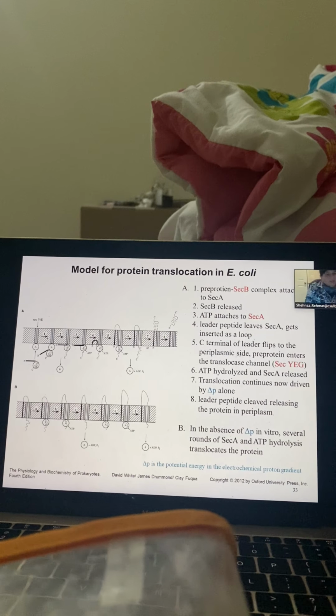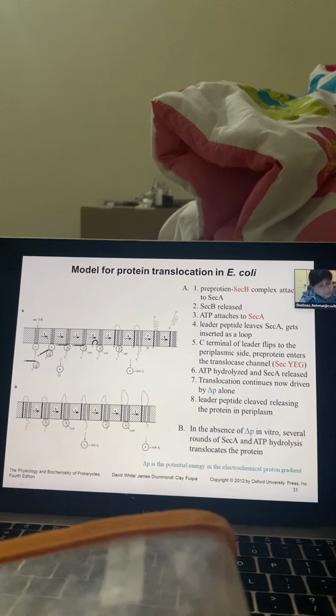So here are some models of protein translocation, again shown in E. coli using the SecA and SecB idea. It's a simple kind of a model for you to look at. So your SecB is taking the pre-protein, with this dark band being of course your leader peptide. SecB brings it to SecA, which is bound to the membrane.